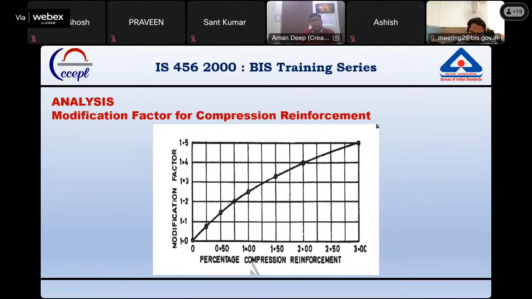In those span to depth ratios we can get some improvement by applying a modification factor. If we are providing compression reinforcement, say 0.5%, then almost 1.15 is the modification factor we can use. Suppose your span to depth ratio is 20, we can multiply 20 by 1.15 to get a safe limit of the span to depth ratio.